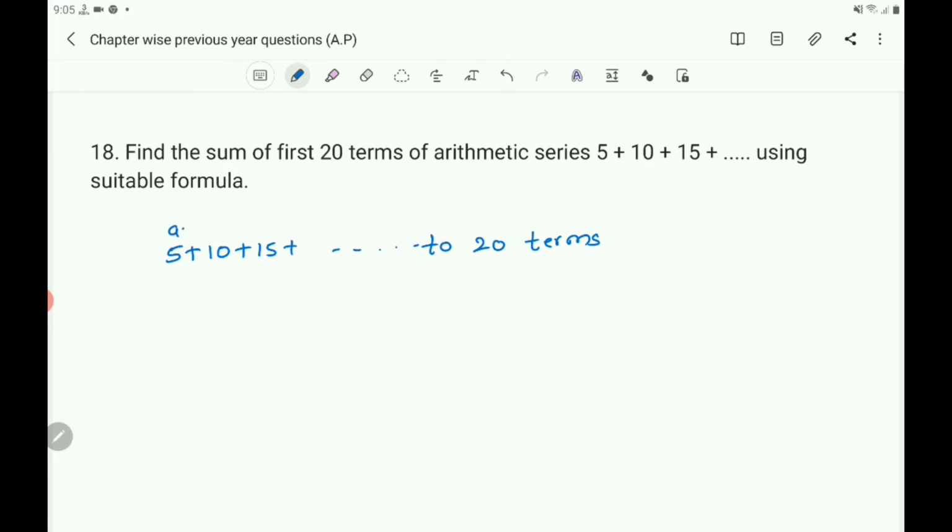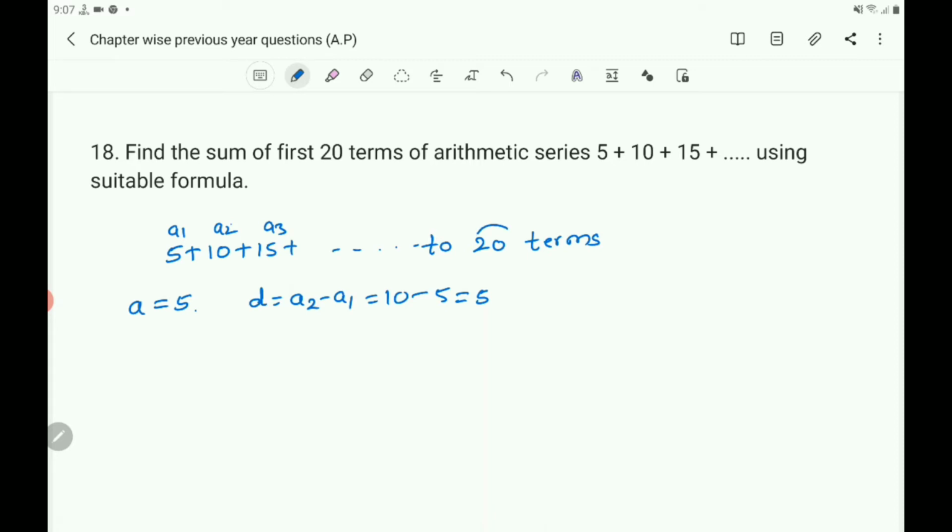Now you get the first term and the common difference. You know that it is a1, a2, a3. So the first term a is a1, that is 5, and d, the common difference, is a2 minus a1. a2 is 10 and a1 is 5. 10 minus 5 equals 5.